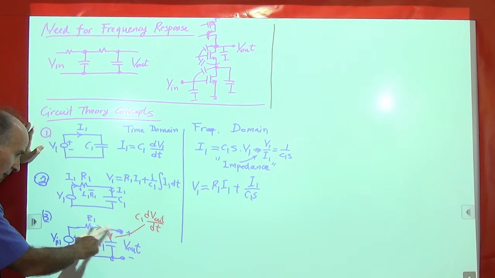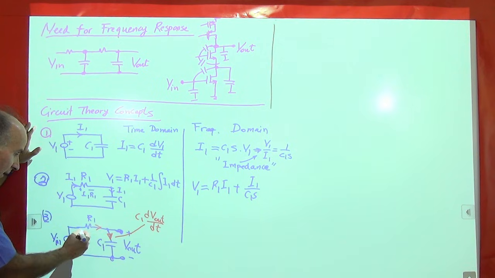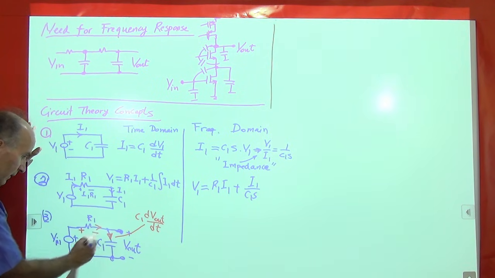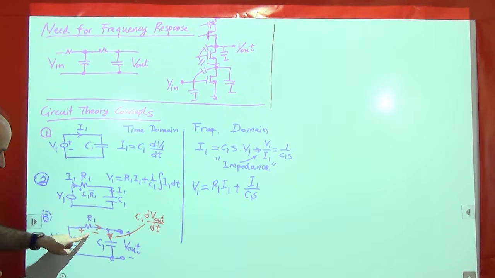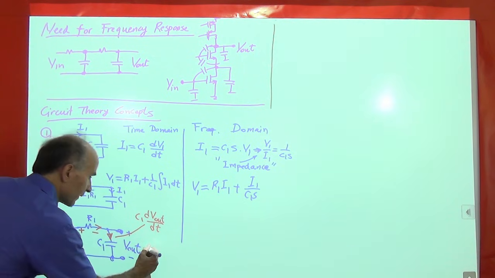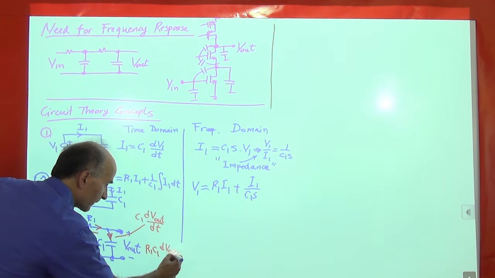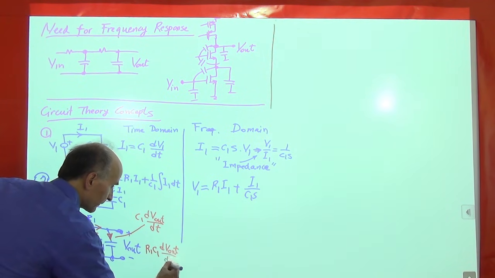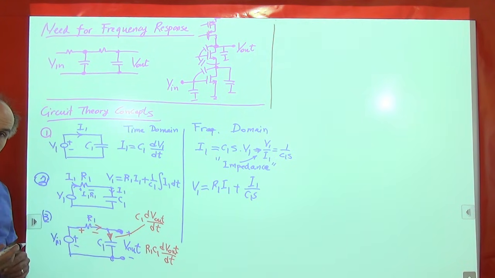It cannot go from here. It has to go from here. So this current flows through R1, generating a voltage, which, according to Ohm's law, is R1 times the current. So what I have is R1 C1 dV out over dt. This is the voltage drop across R1.